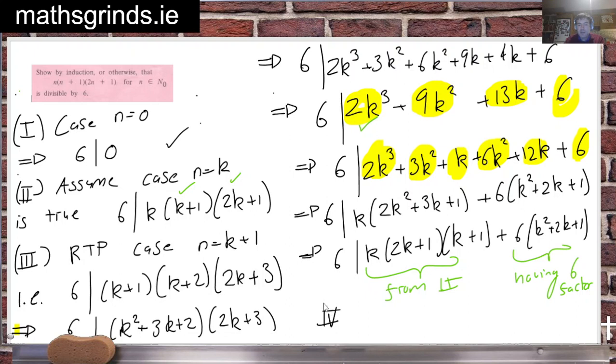So step 4, 1 plus 2 plus 3 means it's true for n equals 1. Actually, we start at 0 this time. 0, 1, 2, 3, etc. Okay.